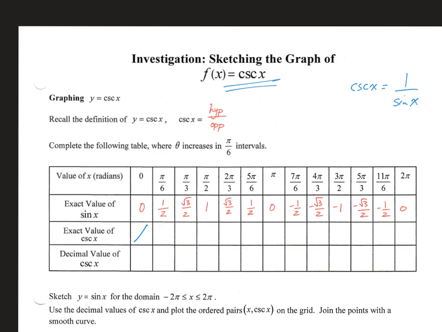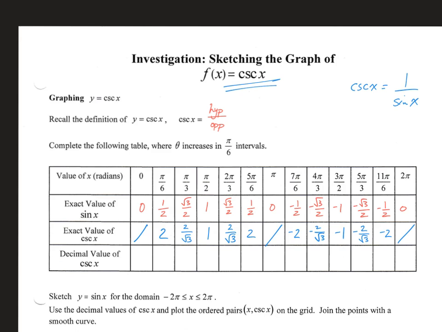If we work through, the reciprocal of 1/2 is 2, the reciprocal of root 3 over 2 is 2 over root 3, the reciprocal of 1 is 1, and so on and so on. As we find the reciprocal of each one of those values, those will be exact for us.